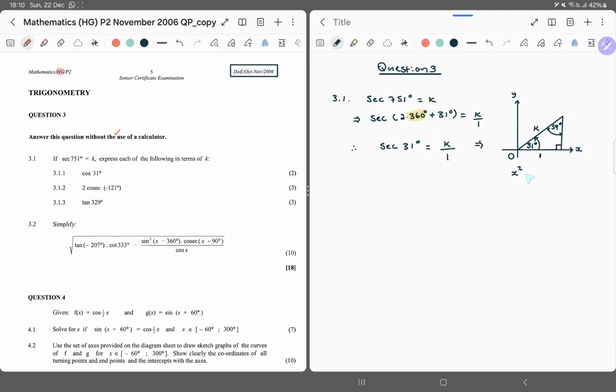So x squared plus y squared equals r squared. We know this from Pythagoras. Now this implies that essentially 1 squared plus y squared equals k all squared.